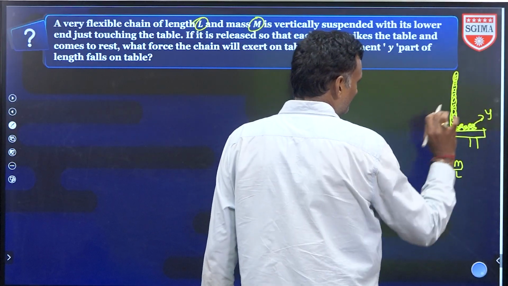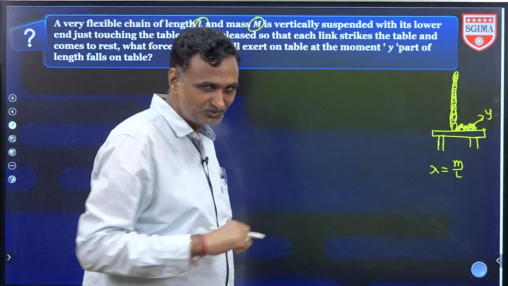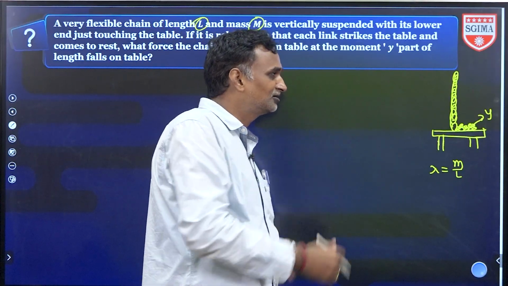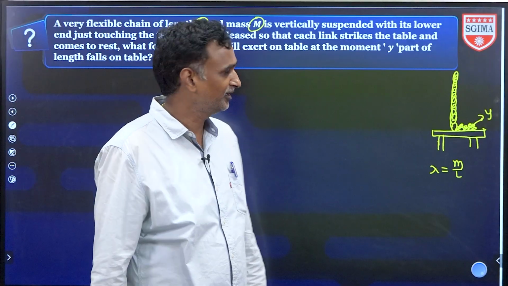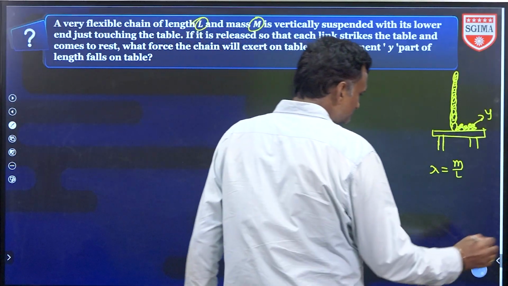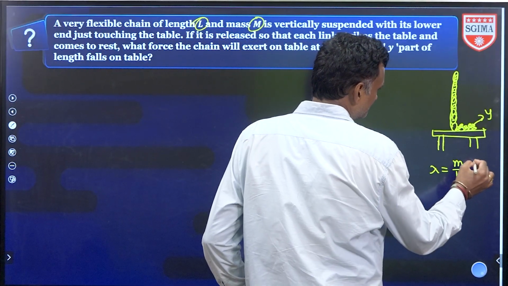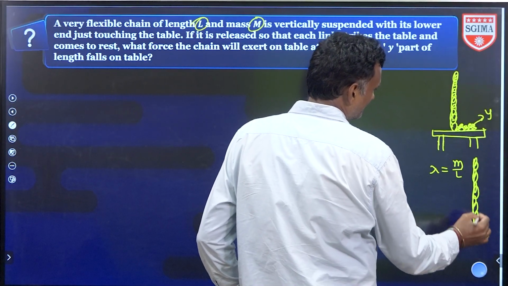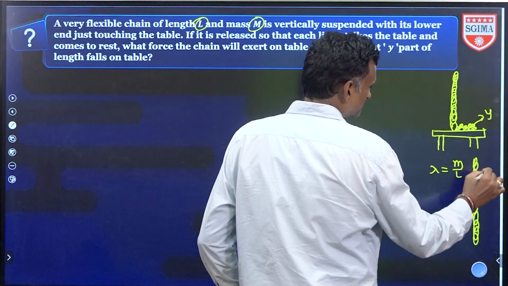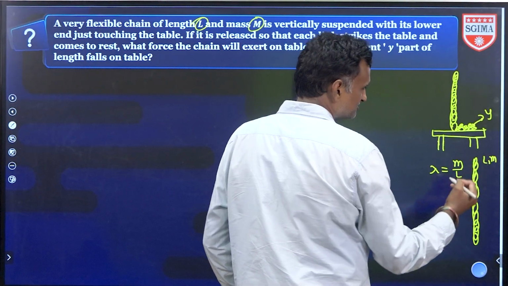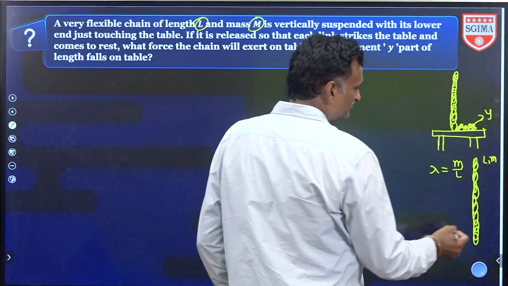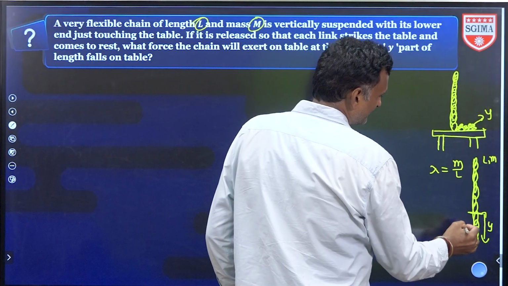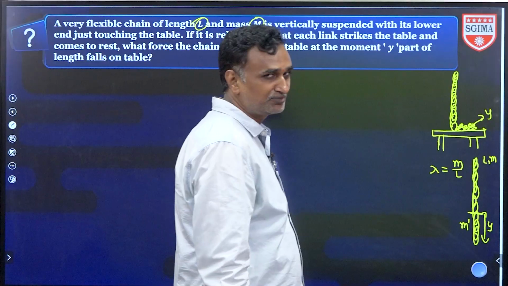So a y part of the chain falls on the table. Okay, na? Then how much mass of the chain falls on the table we need to find out. Okay. So suppose you can just understand, if this is the total length of the chain, and its mass is the total mass m, but this is the y part and its mass I have taken as m prime.